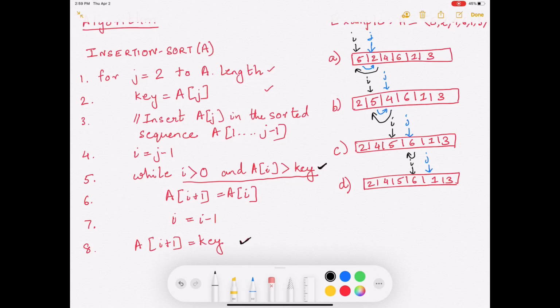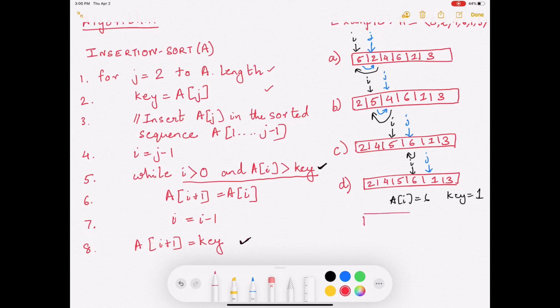And you're going to compare AI with key. So your AI is 6. 6 is greater than 1 at this point. Okay. So your AI equals 6. Key equals 1. So AI is greater than key. So you're going to take AI plus 1 and copy that over to AI.